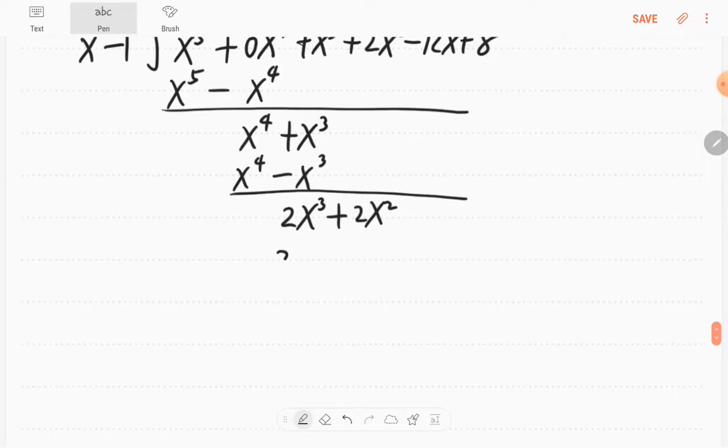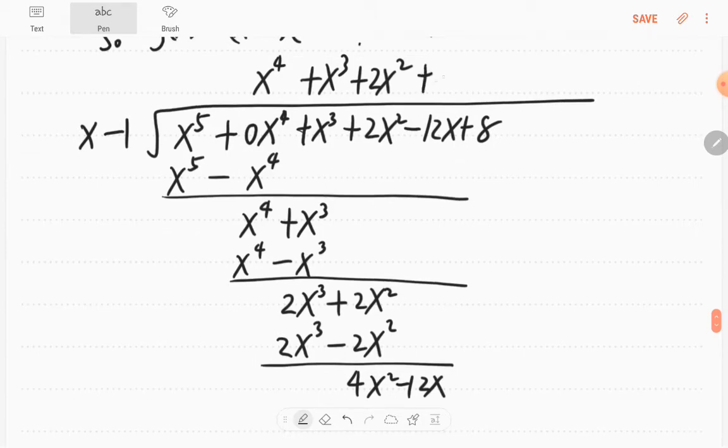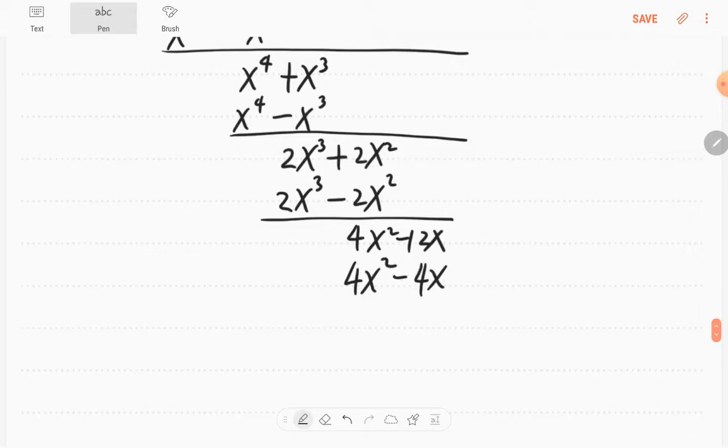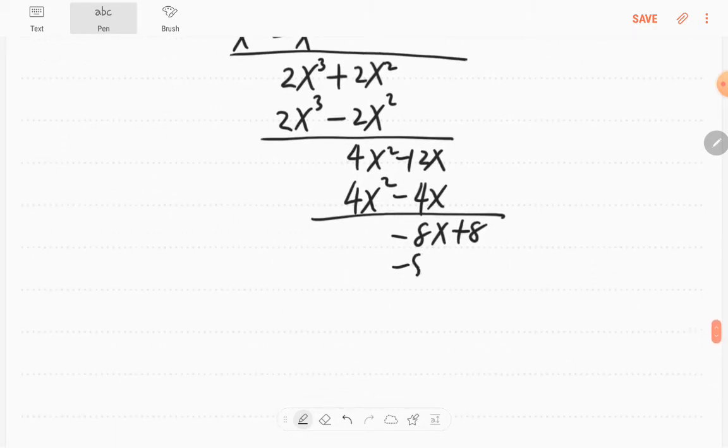So this is 2x cubed minus 2x squared. So this is 4x squared minus 12x. So this is plus 4x. So this is 4x squared minus 4x. So this is negative 8x plus 8. So it's negative 8. Okay, so negative 8 plus 8 equals 0.